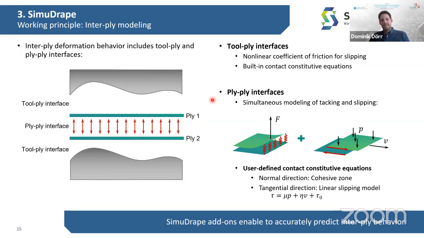For the ply-ply interfaces, this changes a bit because what we have to model here is tacking in normal direction and the slipping in tangential direction. And this is not directly possible using Abaqus built-in approaches, and this is why we are using a subroutine here, which models a cohesive zone in normal direction, and in tangential direction we have a linear slipping model to account for the pressure and rate dependent slipping.